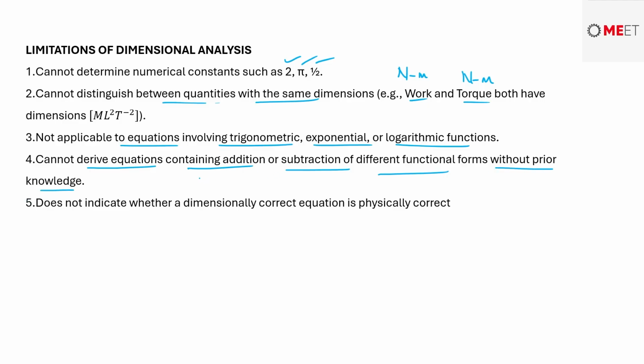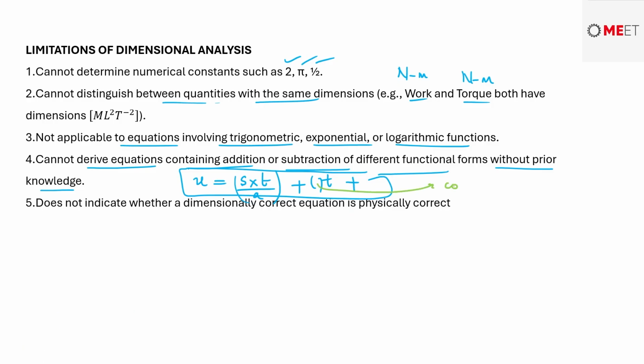Likewise, if the equation is given as u, velocity, is equal to distance into time by acceleration, this is going to give us the correct dimensional formula. But if it is added with time and there is nothing adjacent to it, then it is difficult to write in such a case.